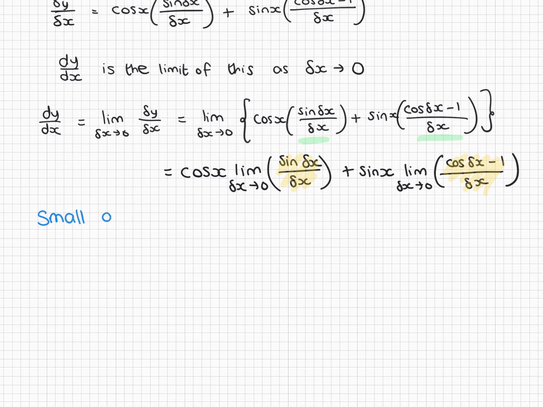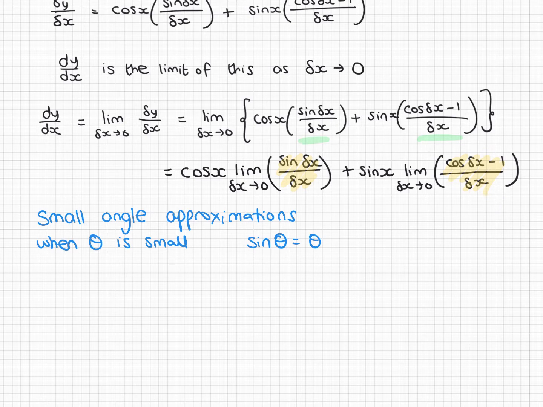The small angle approximations that we used were that when theta is small, the first one was that sine theta equals theta, and the other one was that cos theta equals 1 minus a half theta squared.